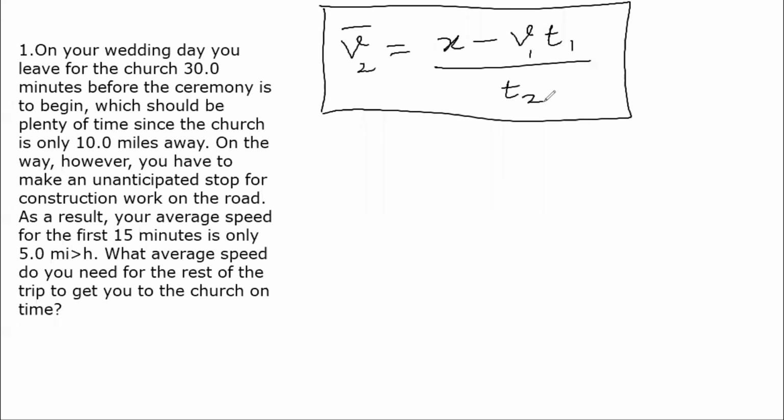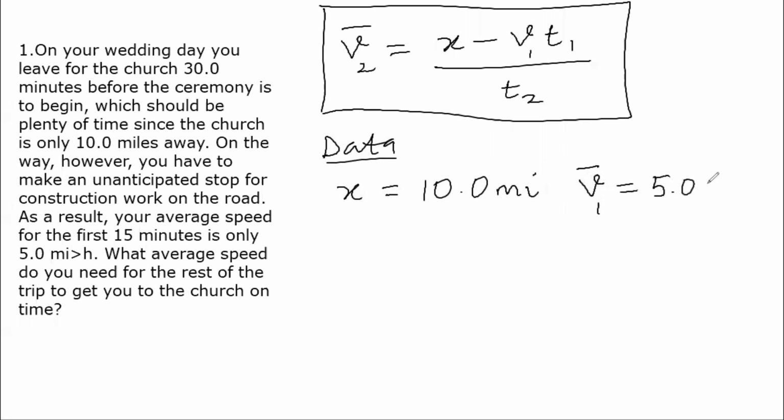What I'm just remaining with is to substitute the values. So the data, remember, looks like this. X, the total distance, was 10.0 miles. And then V1, the average velocity, I think we had found that it was 5.0 miles per hour.